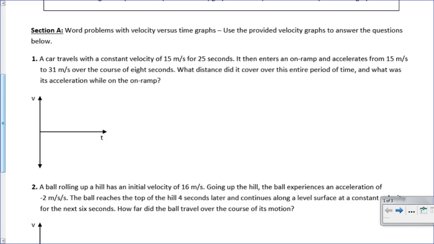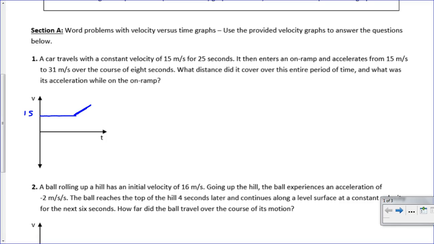Well, for this one, the first essential skill you have to have is being able to turn this into a velocity versus time graph. Constant velocity on a velocity versus time graph looks like a horizontal line. So we've just got a horizontal line going across for a while. This is at 15 meters per second. And then it says that it accelerates upward.